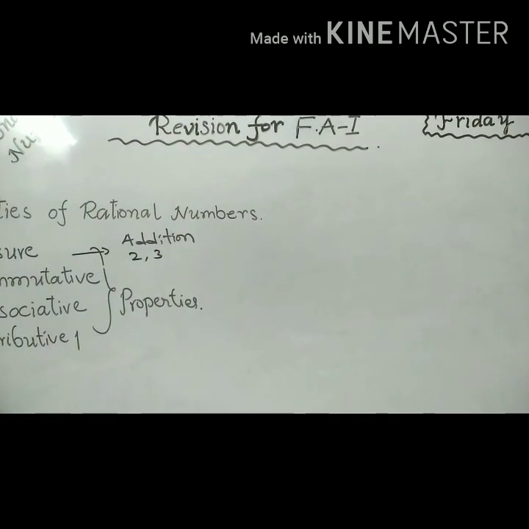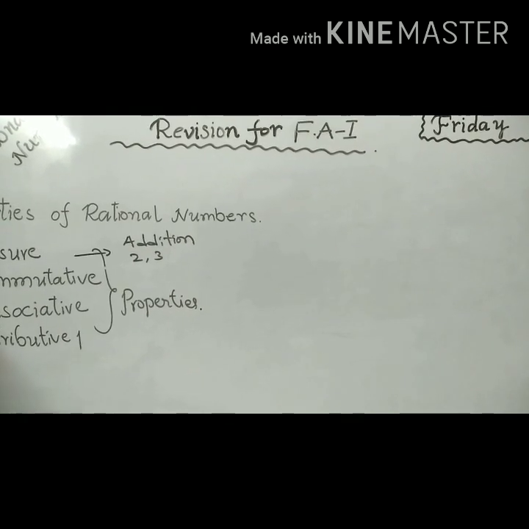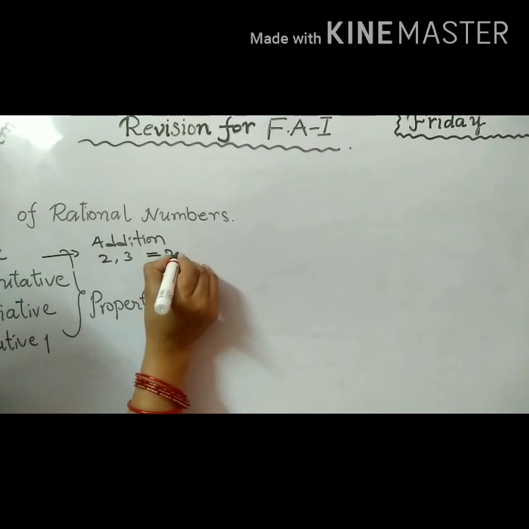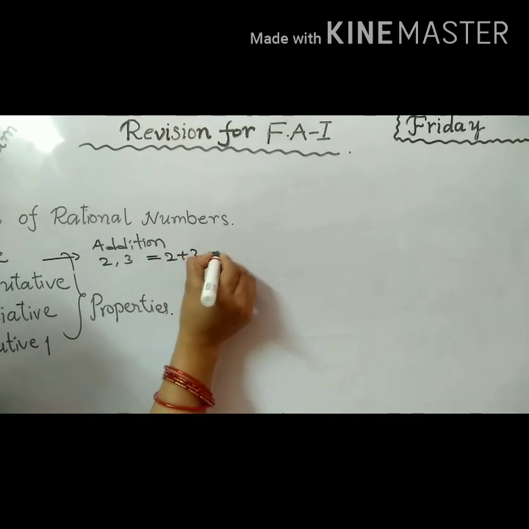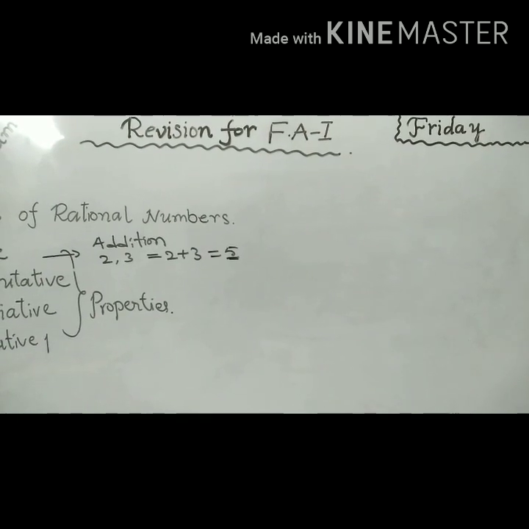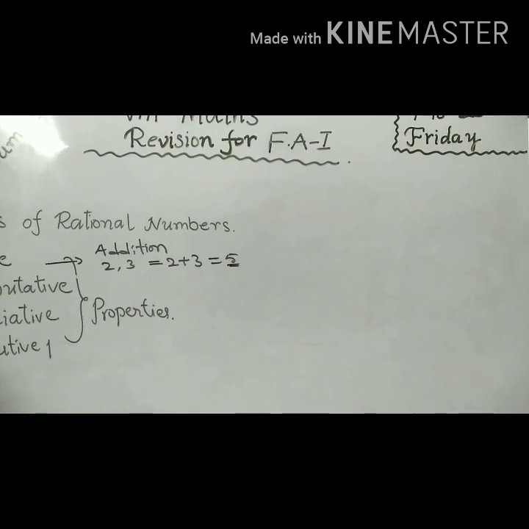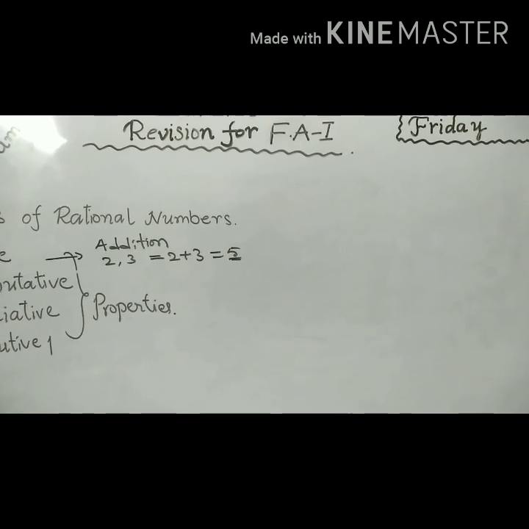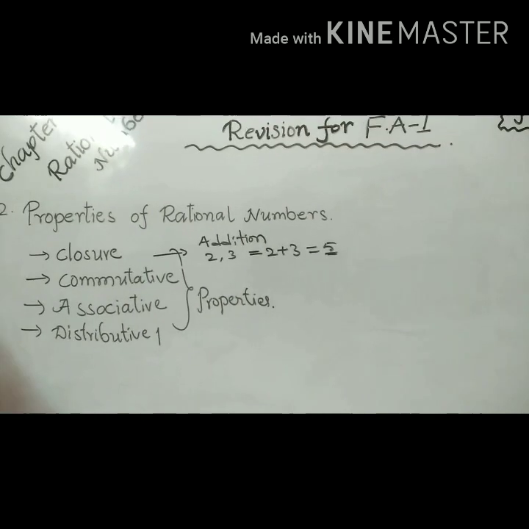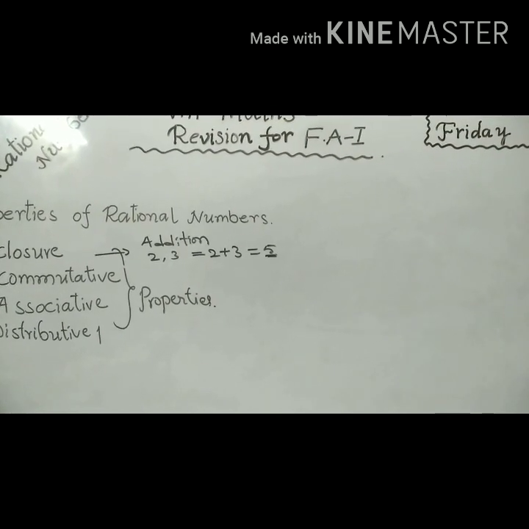The sum, 2 plus 3, is 5. Is 5 a whole number? Yes. So for any two whole numbers, the sum is also a whole number. Did you understand? Then we say that the set of whole numbers satisfies the closure property.